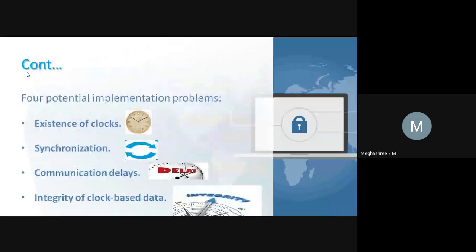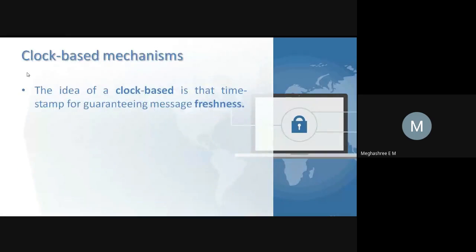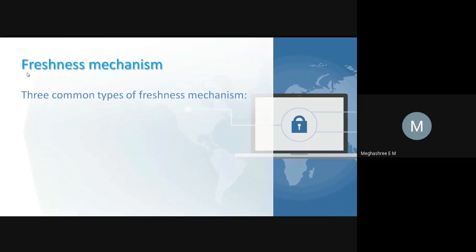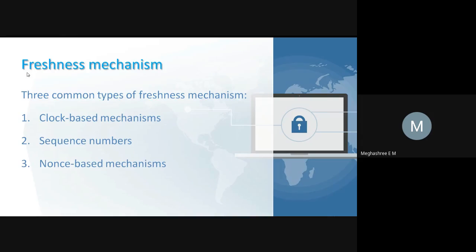Okay, in the last class we discussed mechanisms that are used for providing freshness to see that any message is recently received. That means it is not replayed, right? So the three mechanisms under this, wherein we discussed clock-based mechanism in the last class.